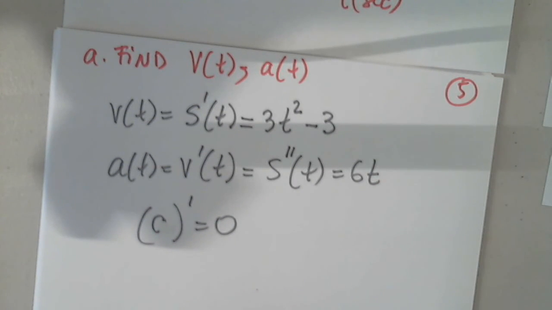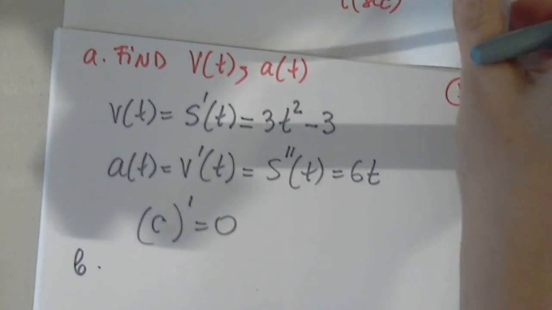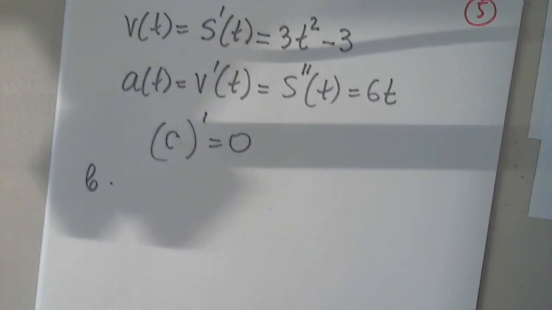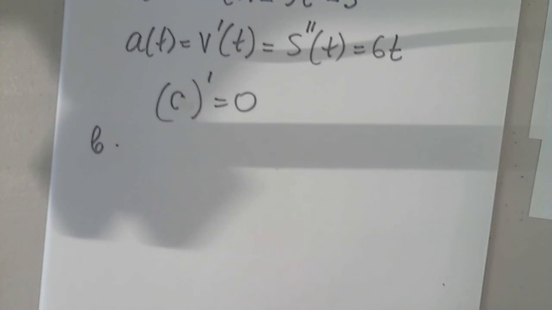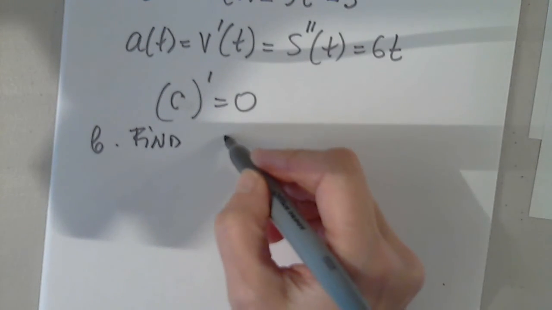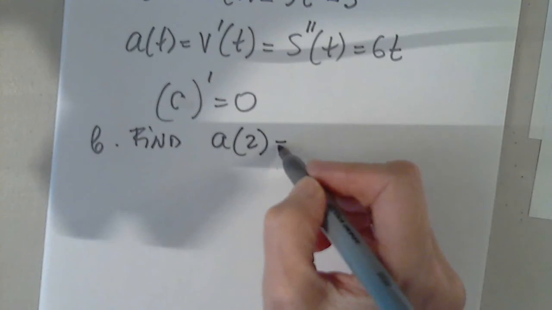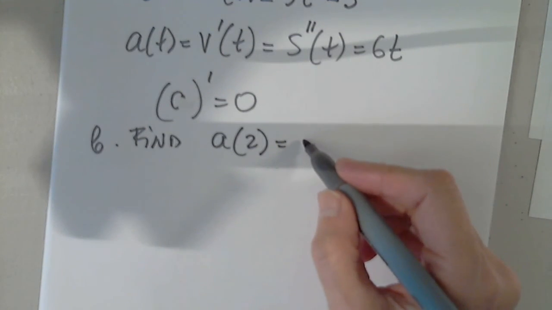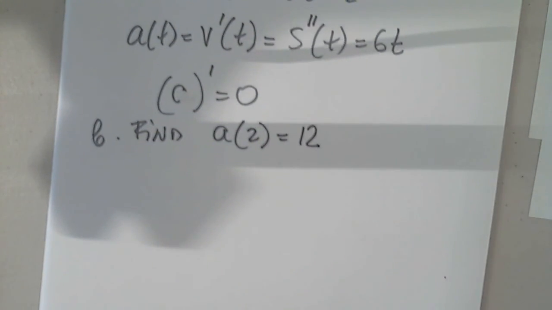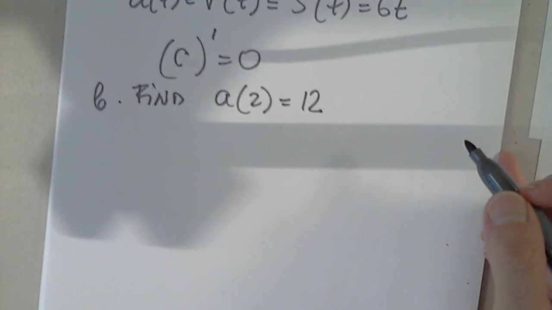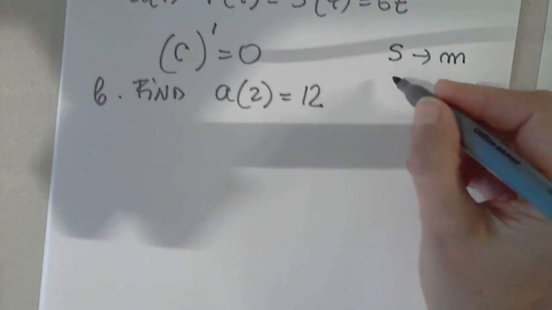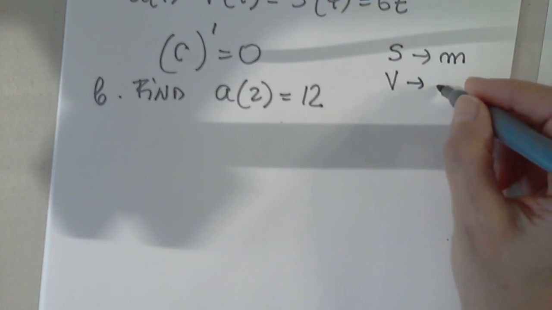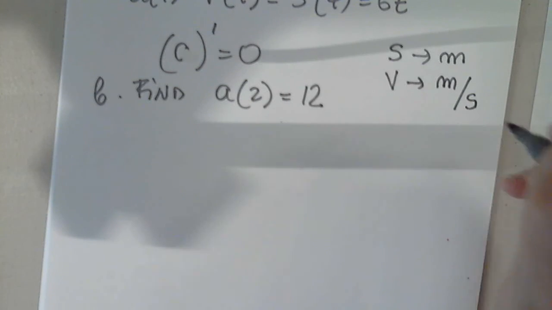In part B, after we determine the velocity and the acceleration, they want us to find the acceleration after 2 seconds. That's not a problem. It's 6 times 2, which is 12. I need to write the measurement unit. If the distance is measured in meters, the velocity must be measured in meters per second.